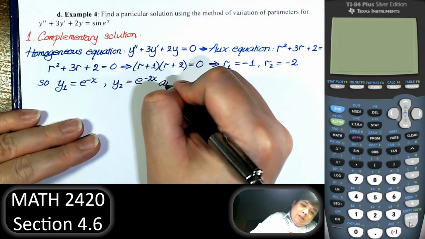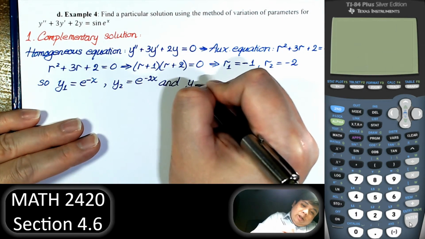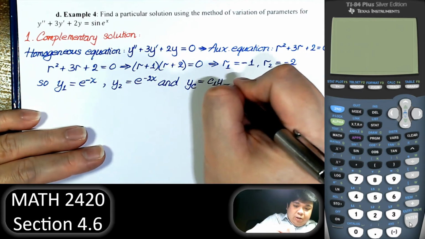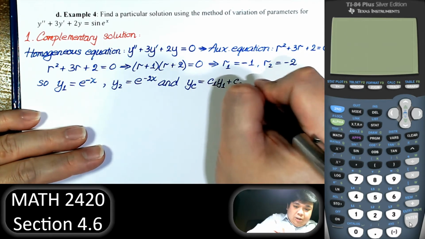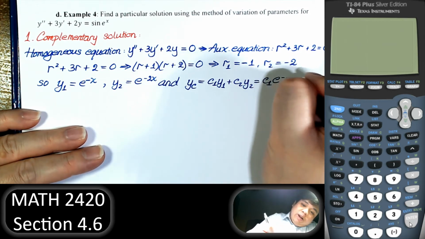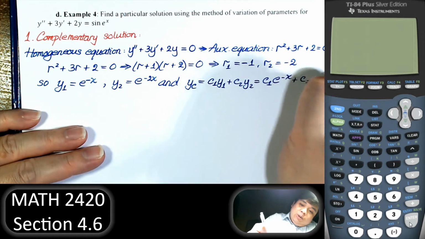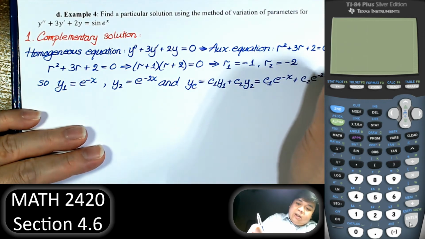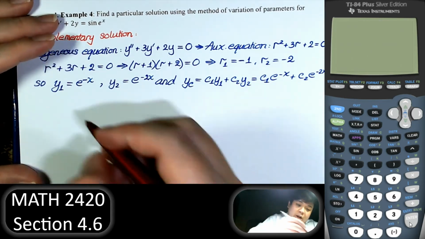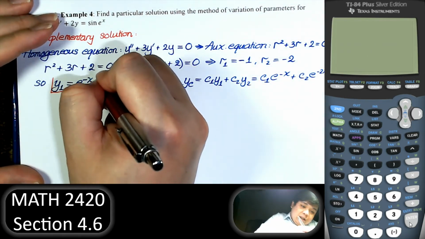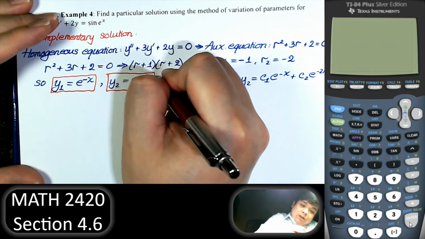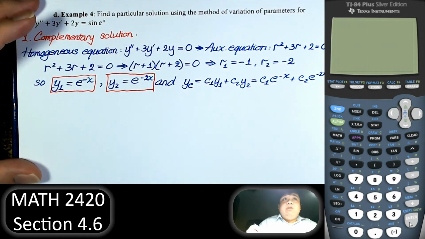And of course, the complementary solution is C1 y1 plus C2 y2, C1 e to the negative x plus C2 e to the negative 2x. Most important here is we need y1 and we need y2. So that's the first part.